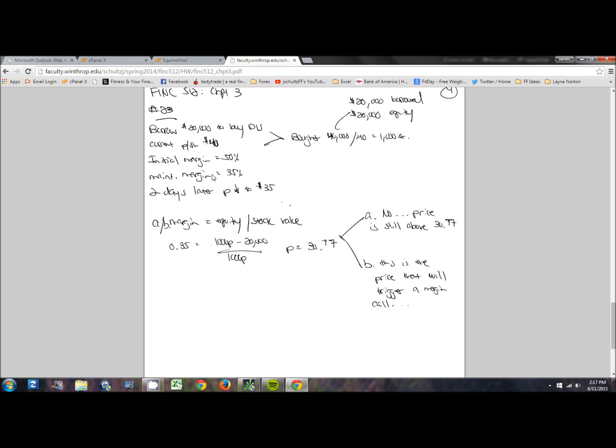Okay, your broker is going to determine what the maintenance margin level should be for your account. It's usually 25 or 30 or 35%. As long as your margin level stays above 35%, remember it started at 50, right? If the stock moves against you, it goes down. As long as it stays above 35, you don't need to add any additional cash to your account. But once it falls below 35, you're going to get a call from your broker. And it's 2015, so it probably won't be a call.